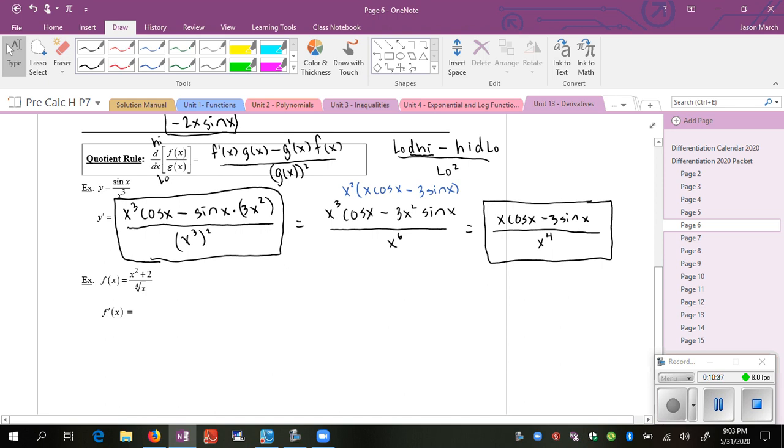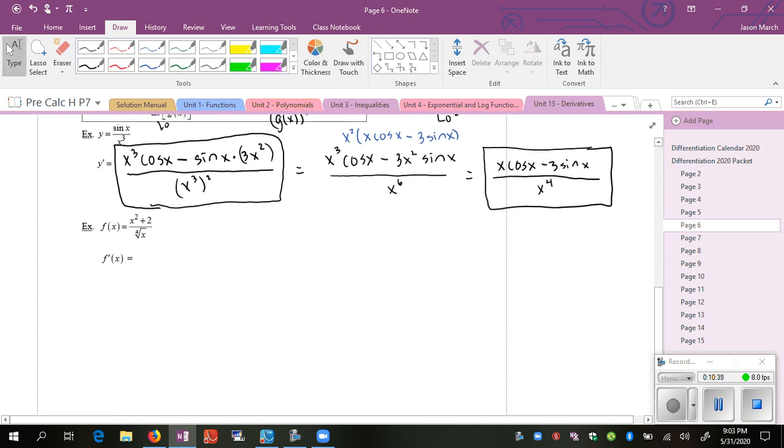So if I do low d high minus high d low all over the low squared, let's go for that first here. Low is, maybe I'll write it as a fractional exponent right off the bat, x to the 1/4, times d high. The derivative of the top is 2x, minus high d low.